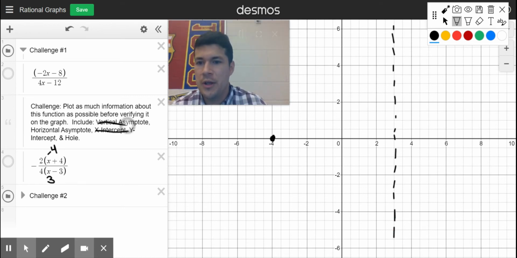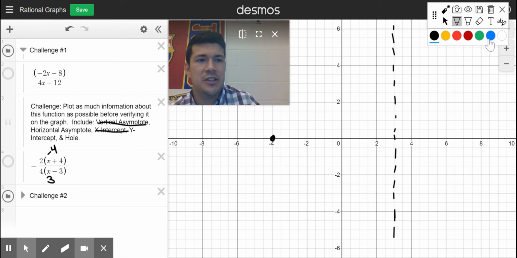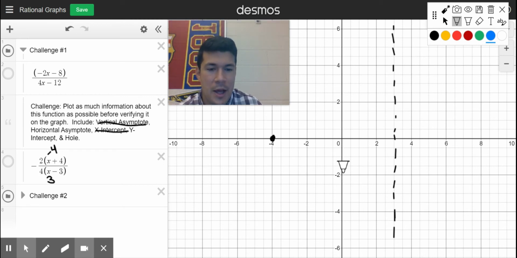So vertical asymptote, check. How about horizontal asymptote? Well, since this is a linear divided by linear, anytime you have equivalent degrees, you look at the ratio of the leading coefficients. So the leading coefficient is negative 2, the other leading coefficient is 4, so that ratio is negative 1/2. That means that this function should have a horizontal asymptote at negative 1/2.